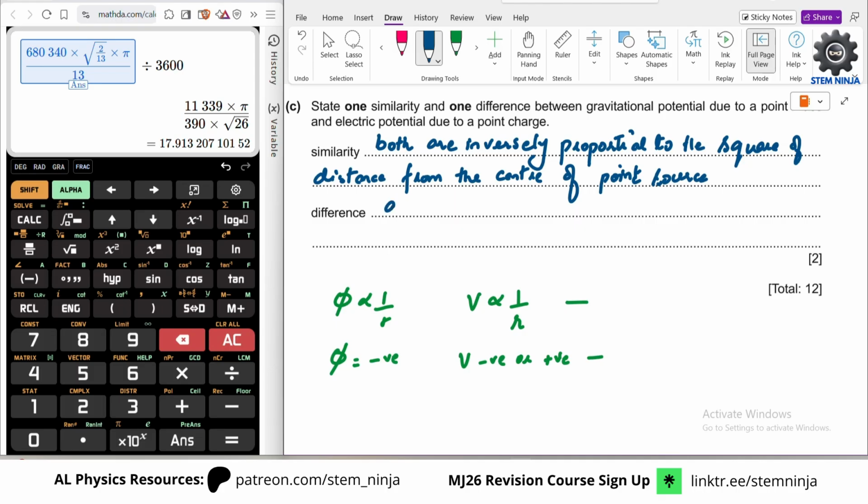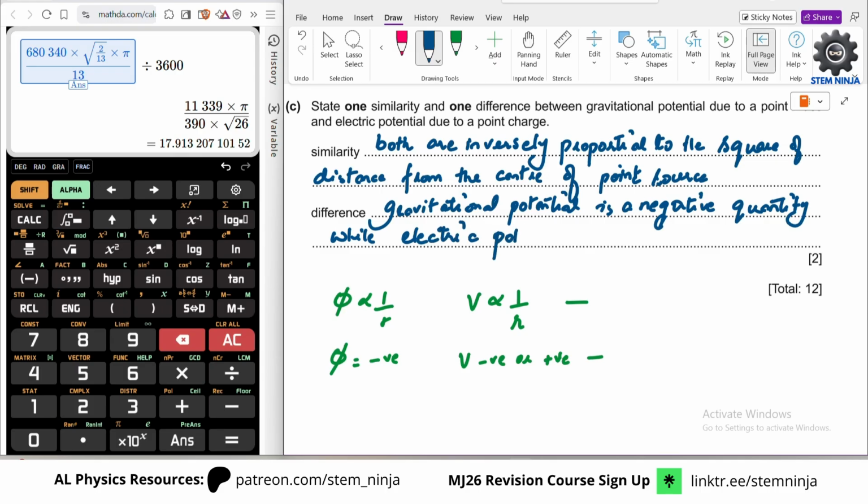The difference being gravitational potential is a negative quantity, while electric potential can be positive or negative.